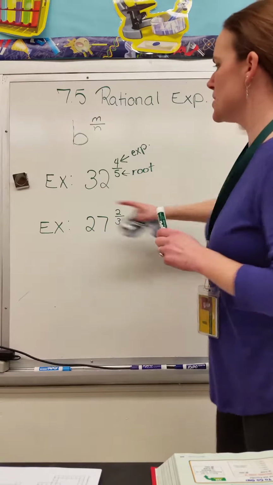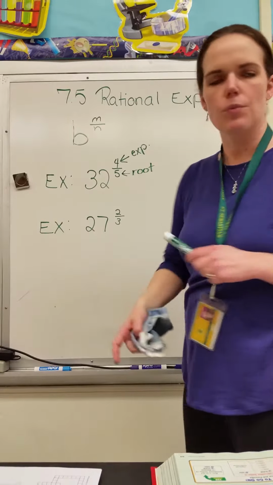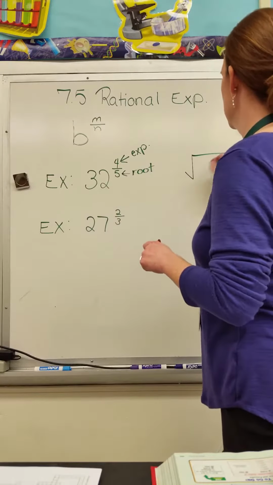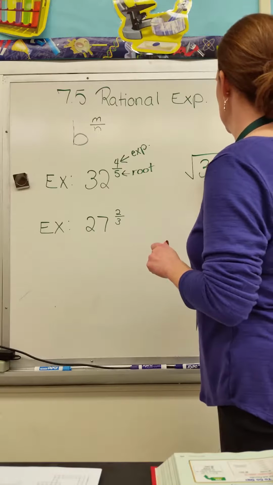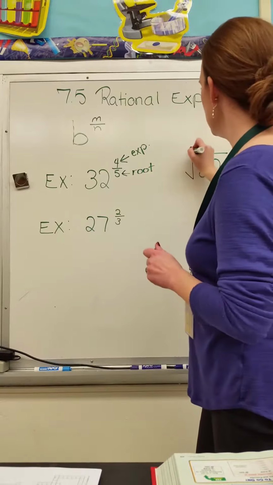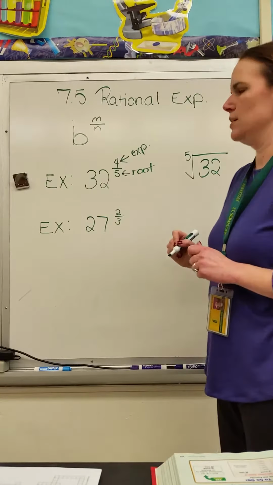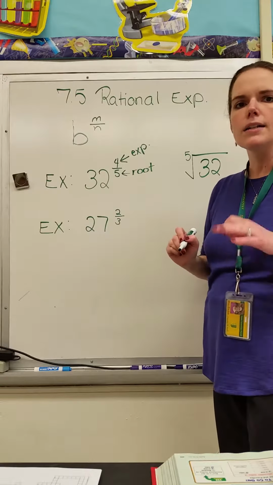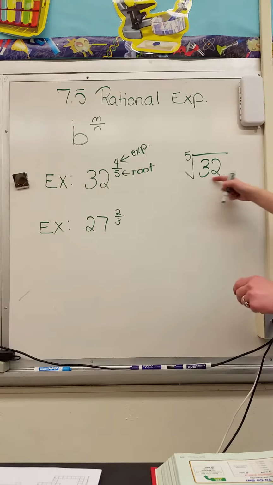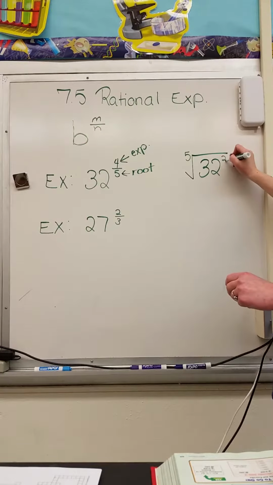So with this particular problem, if I was going to rewrite it, the 5 is the 5th root of 32. And the exponent part, you can put inside here.